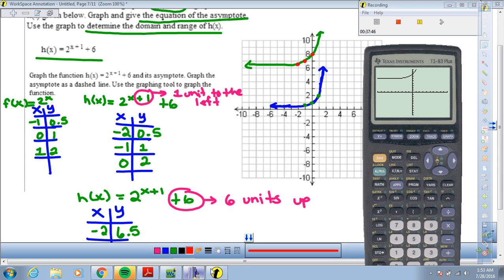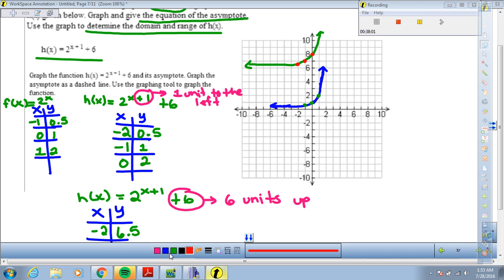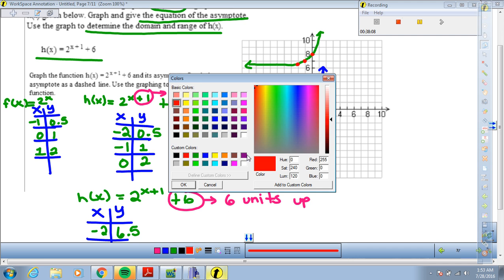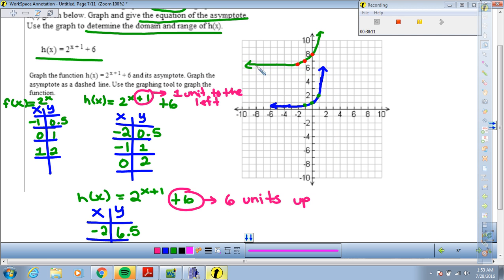So you see, once you grab the transformed function, this does not pass anymore through the 0, 1, right? I mean, because it's a transformation. So it's a variation of the original or the simple exponential function. So now, the question here is that they want me to identify what the horizontal asymptote would be for this one.